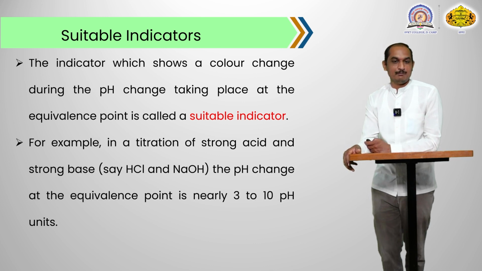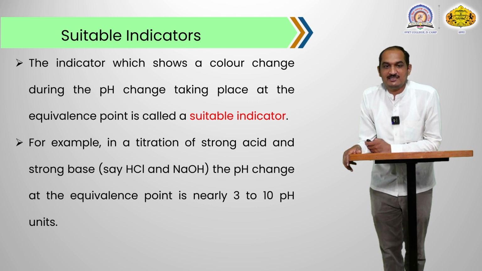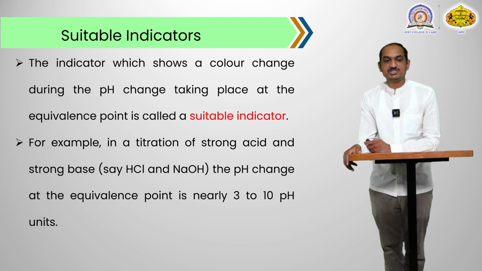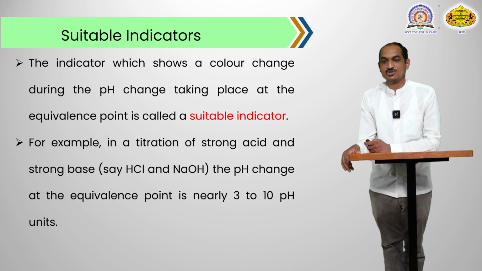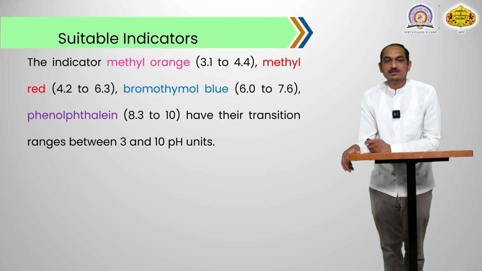We consider one example. In a titration of a strong acid and a strong base, the pH change at the equivalence point is nearly 3 to 10 pH units. Then the indicators: methyl orange, the range is 3.1 to 4.4.